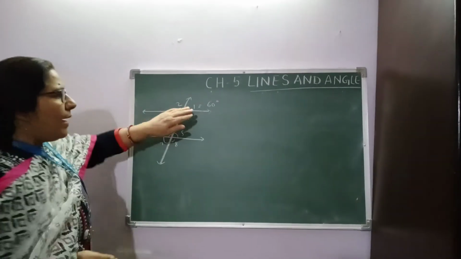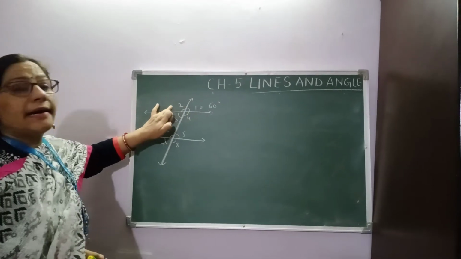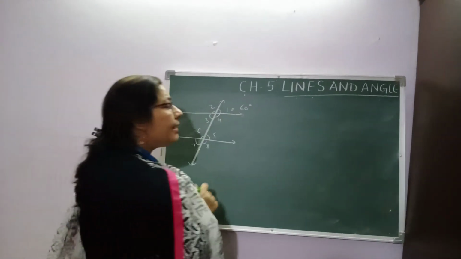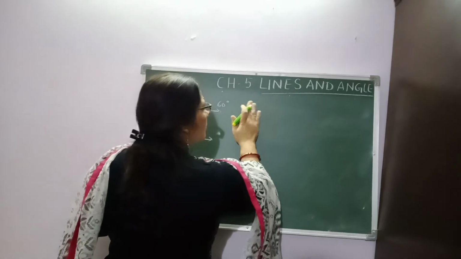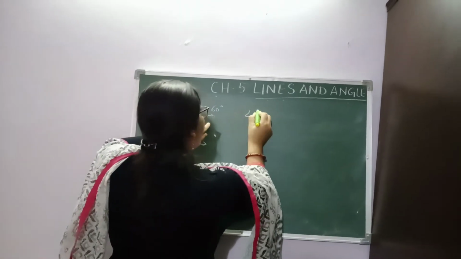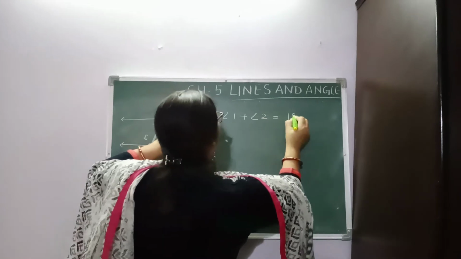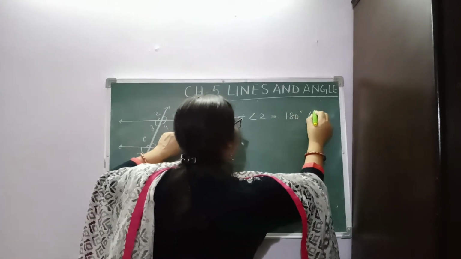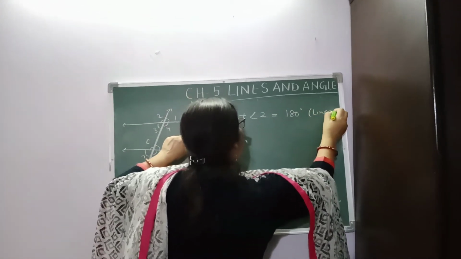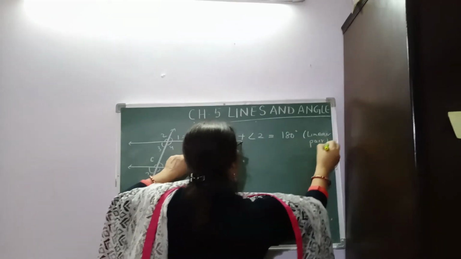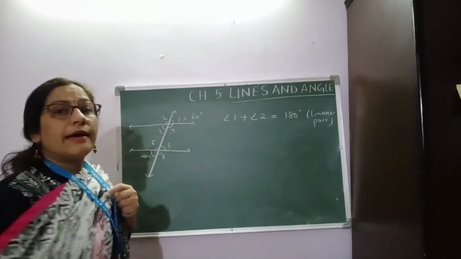As we know, angle 1 plus angle 2 create a linear pair. Angle 1 plus angle 2 is equal to 180 degrees. It's a linear pair, and the sum of a linear pair is 180 degrees.